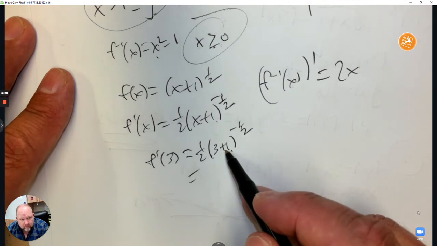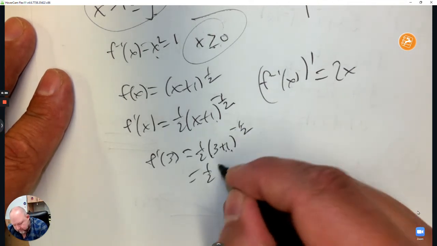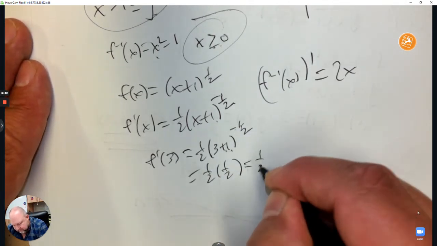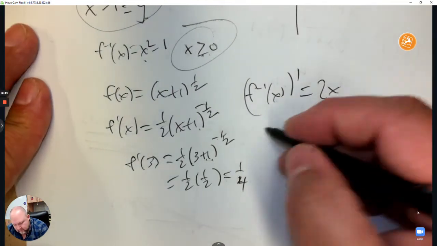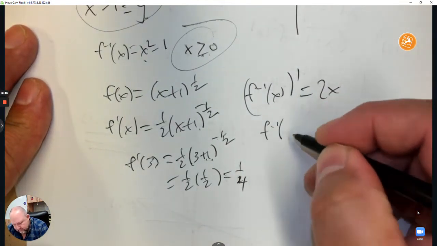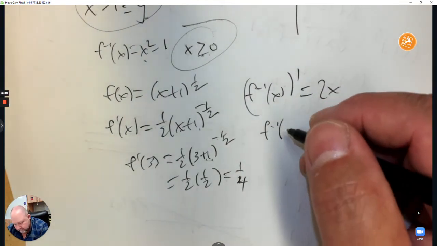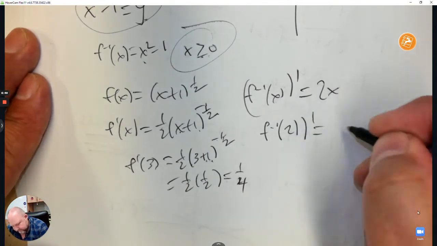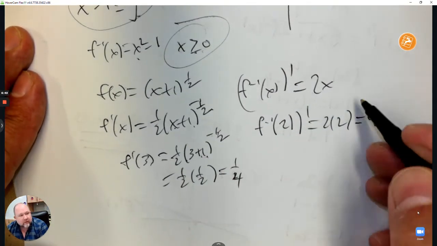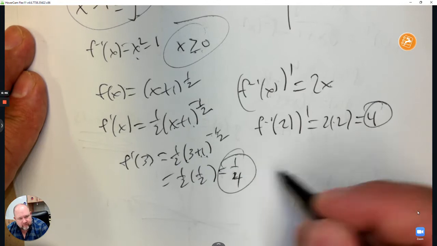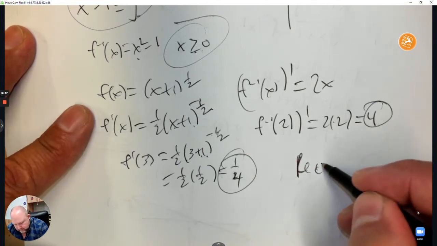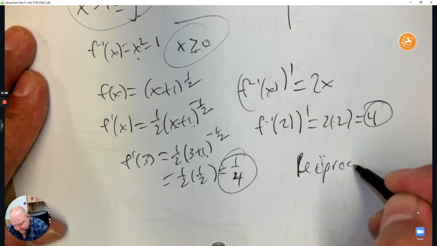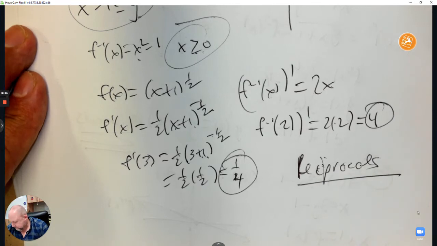The square root of 4 is 2, and that negative means reciprocal. So if I put it together, that's 1/4. Here, if I take the derivative at the y coordinate, which is 2, notice, plug in 2, and what do you notice here? They are reciprocals. That's the big idea of the lesson.